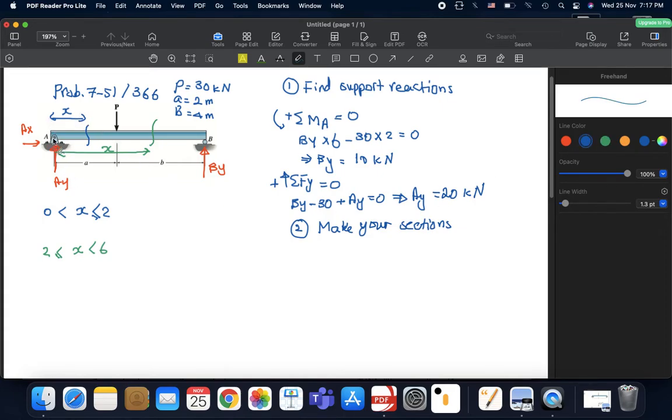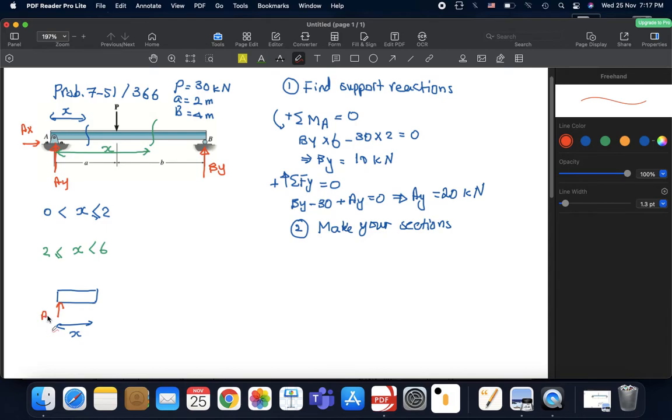This is the first section. So you said up to this point, whatever that point is. So you draw your section. Right? So this is our section. Now we said that this distance is x. What do we have? We have our AY here. Right?